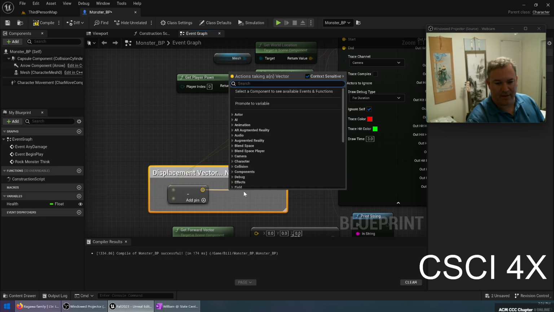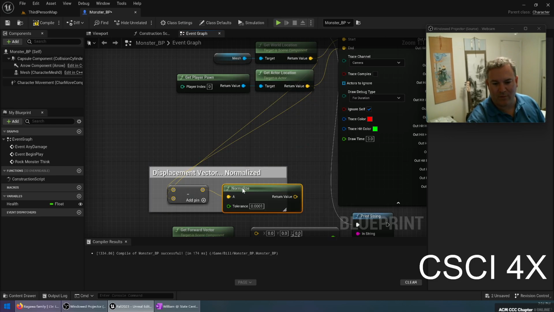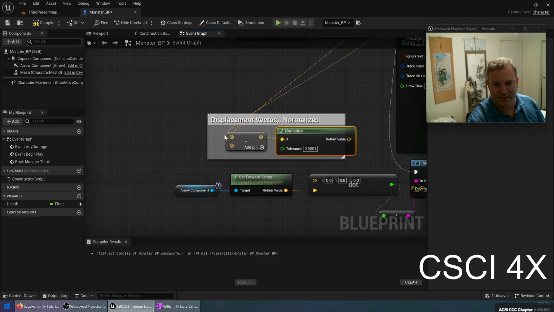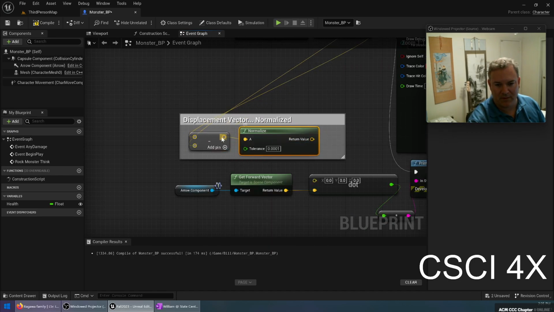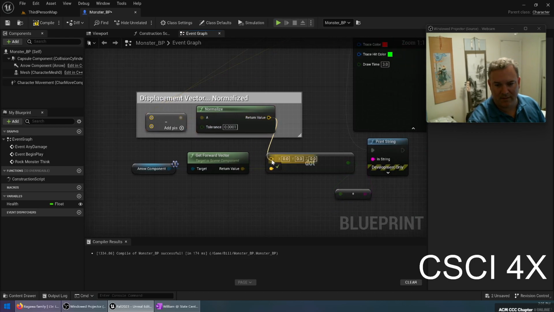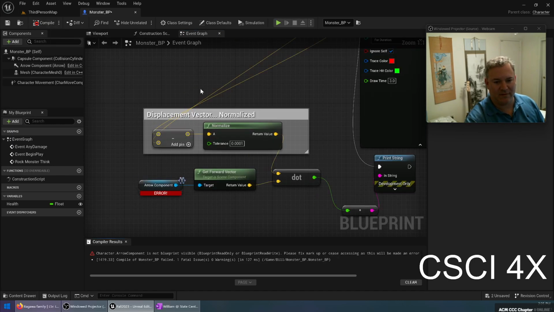So drag the result of that into a normalize node, and that will take whatever size vector you have there and make it of unit length, make it of length 1. And then that is going to feed into there. Now let's see if it works. So basically, yeah, okay, doesn't want that.